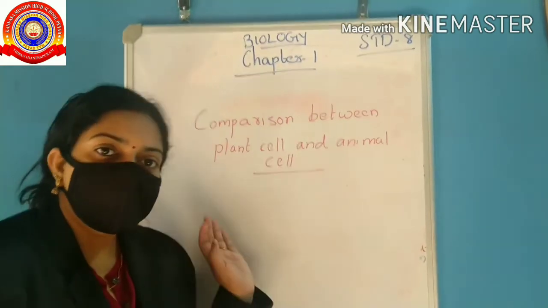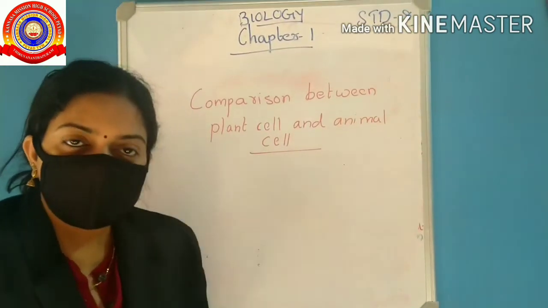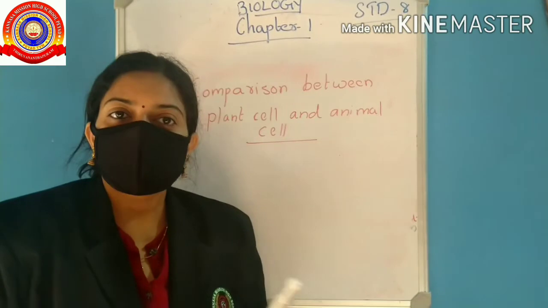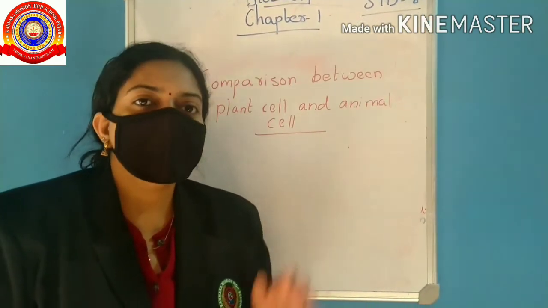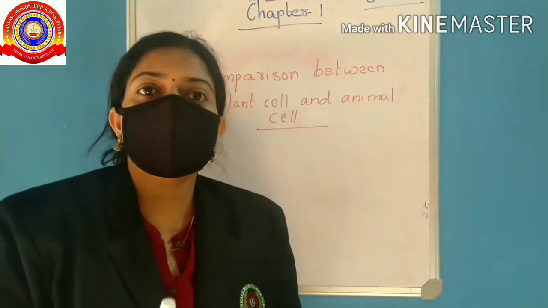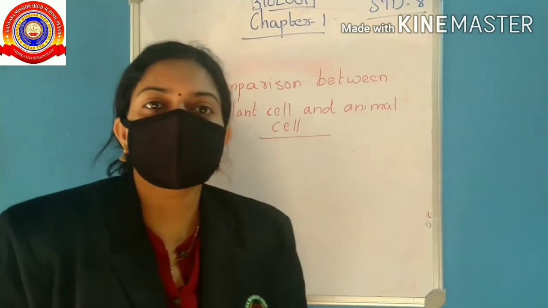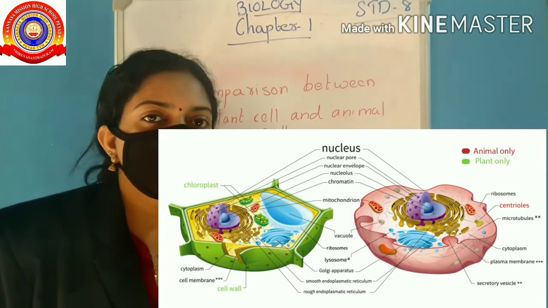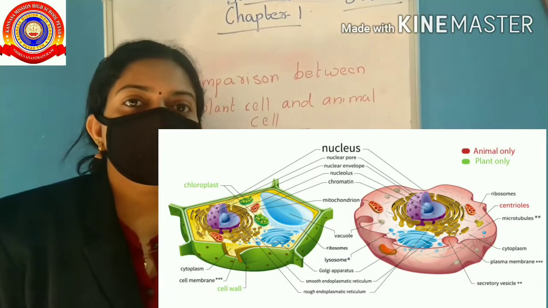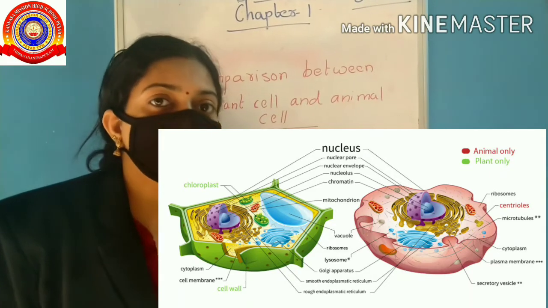The next is the comparison between plant cell and animal cell, that is, the similarities and differences of both cells. Some organelles are present in both plant and animal cells, but some organelles are present only in plant cell or animal cell.